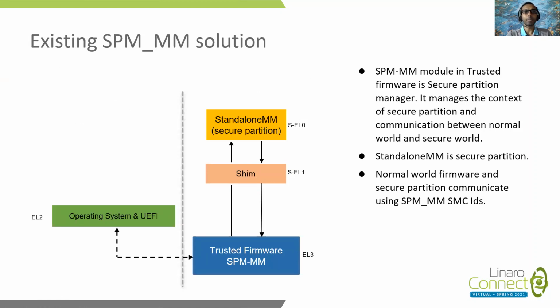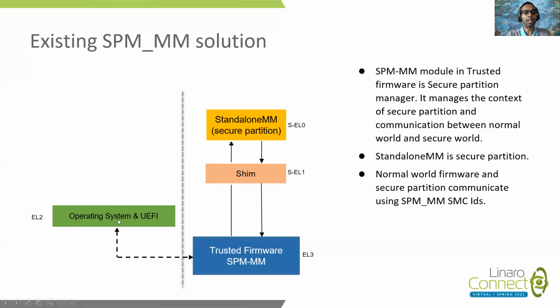At present, SPM-MM is the existing solution, where SPM-MM acts as the secure partition manager, and it is part of trusted firmware at EL3. SPM-MM manages the context of secure partition and communication among normal world and the secure world images. StandaloneMM acts as secure partition, which executes at secure EL0.